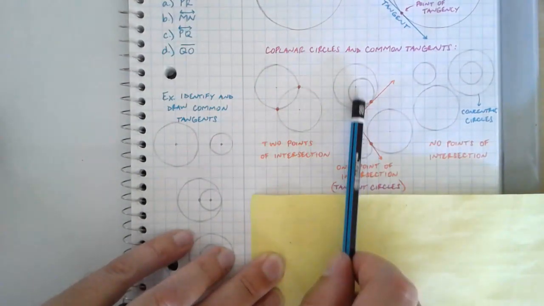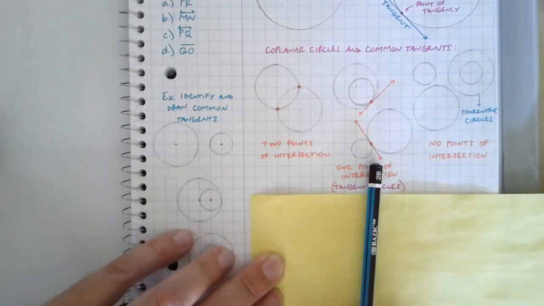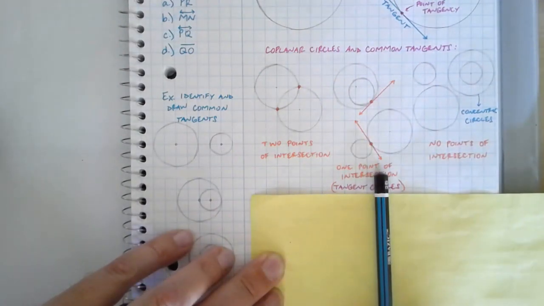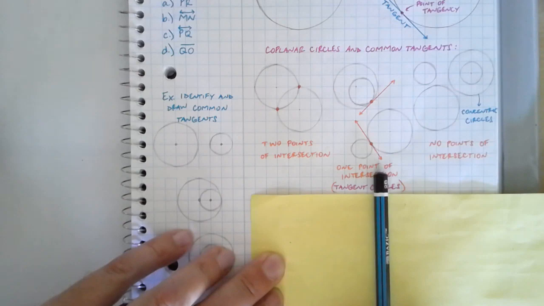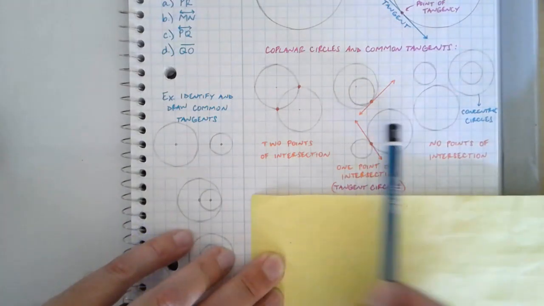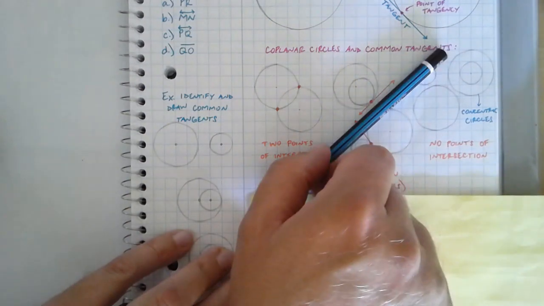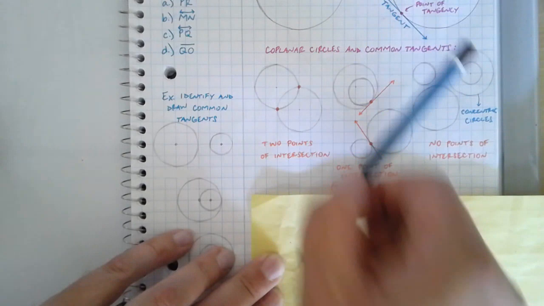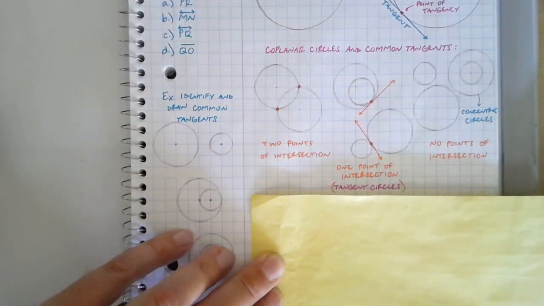All right, now what happens if I have a single point of intersection? Well, I've actually drawn the only common tangent that exists in both cases. Wherever those two circles share that point of intersection, that's where the line of tangency has to be. Whether they're side by side like this or one within the other, the only place a common tangent can touch both at once is where they both touch each other at once.